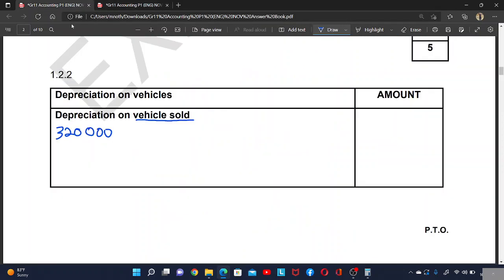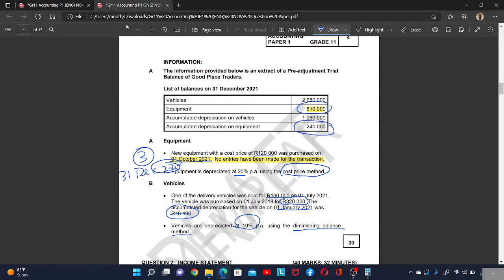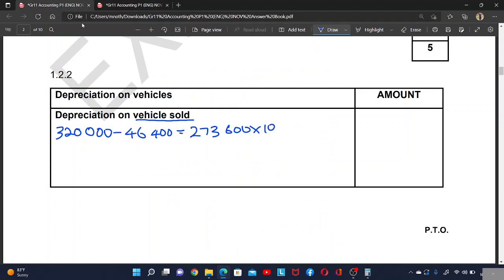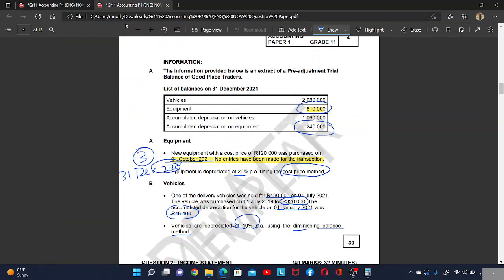So 320,000 minus 46,400, which is equal to 273,600, times the percentage, 10%, times, so this vehicle stayed for how many months?